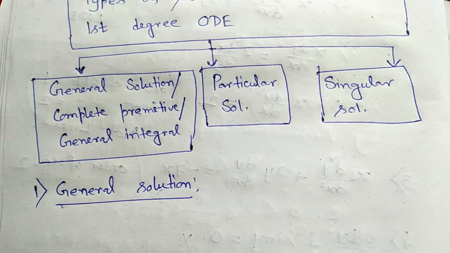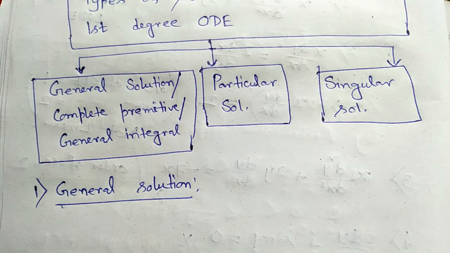If in the solution of a differential equation the number of independent arbitrary constants is the same as the order of the ODE, then the solution is called general solution.